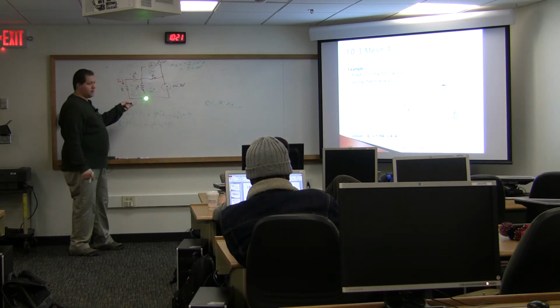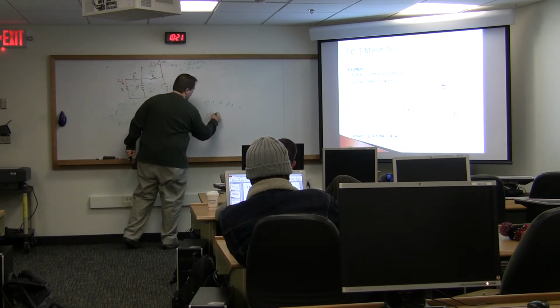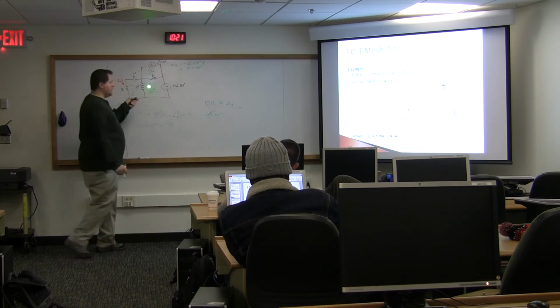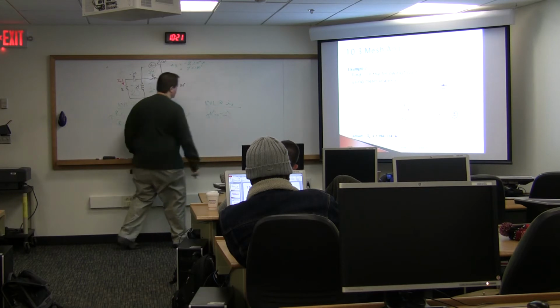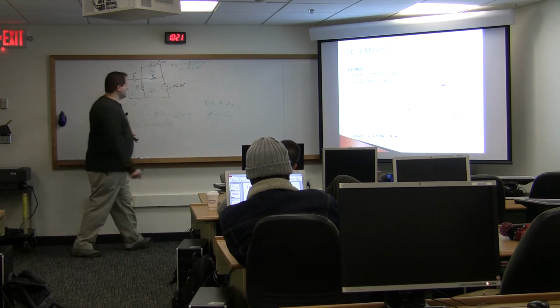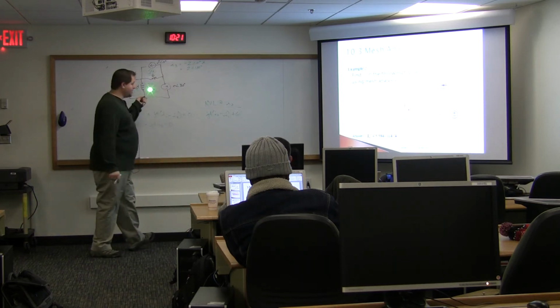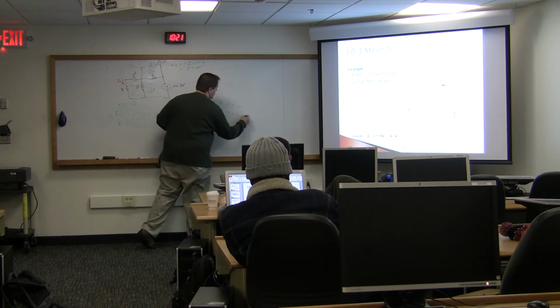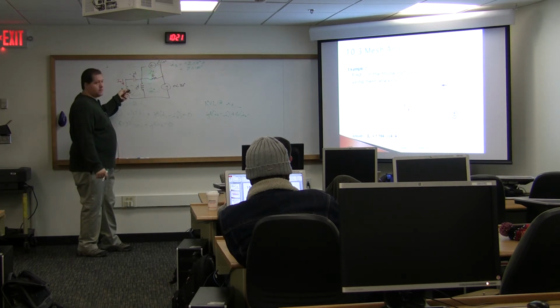So again, I start in the lower left-hand corner. I go clockwise around my loop. So I have J4, and this time it's I2, the loop that I'm in, minus I1, the loop that opposes. Plus 6, and again, the loop I'm in, I2, minus the loop that opposes, which would be I3.